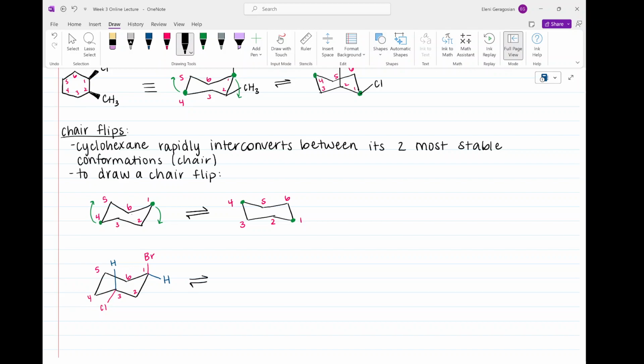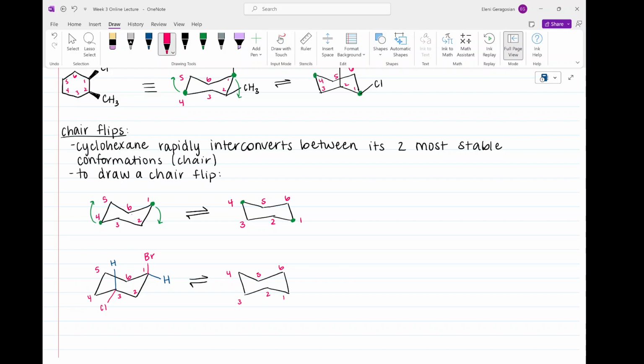If we do a chair flip, we draw the chair with different angled bonds. Now, instead of carbon 1 being the top right carbon, it is what looks to be the adjacent carbon. So bottom right, and then we can continue around. On carbon 1, we had, in the original structure, a bromine pointing up.